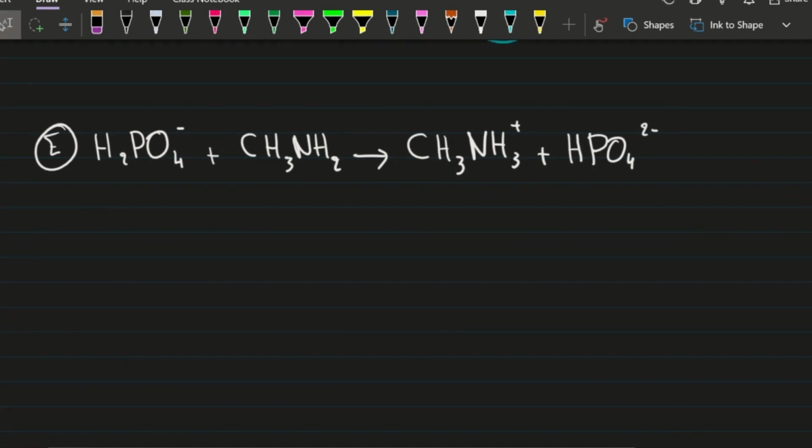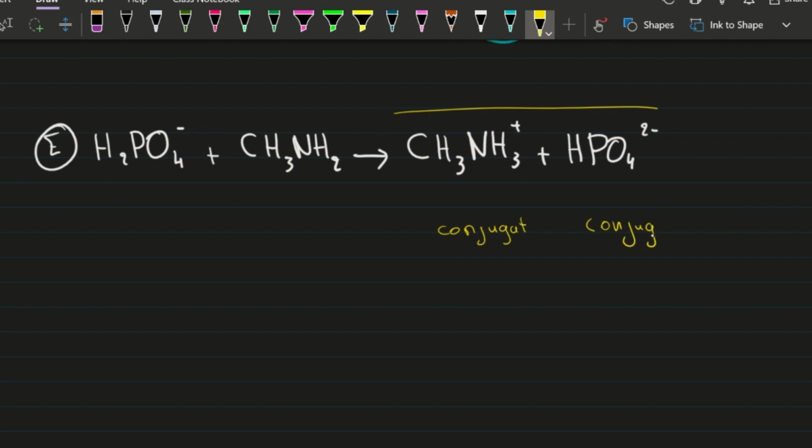Let's do the next one. Please feel free to stop and work on these on your own and see if you can get it. Again, the product side is going to be your conjugates. So we look at the hydrogens here.